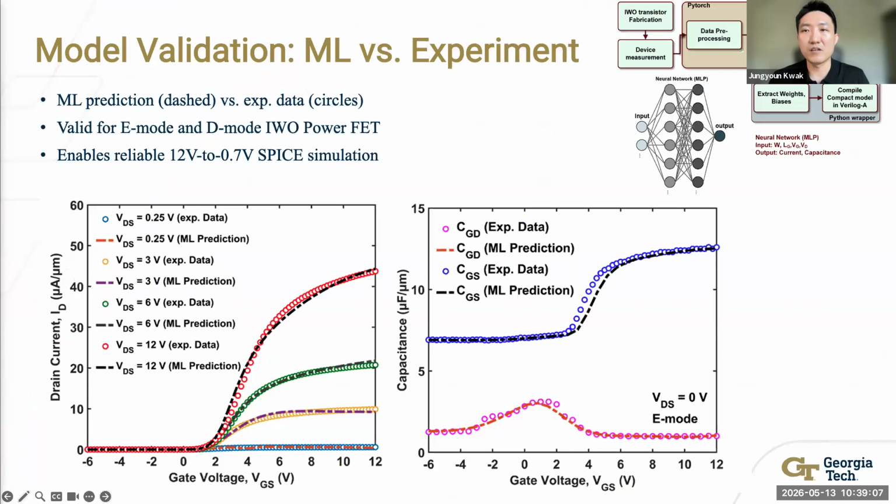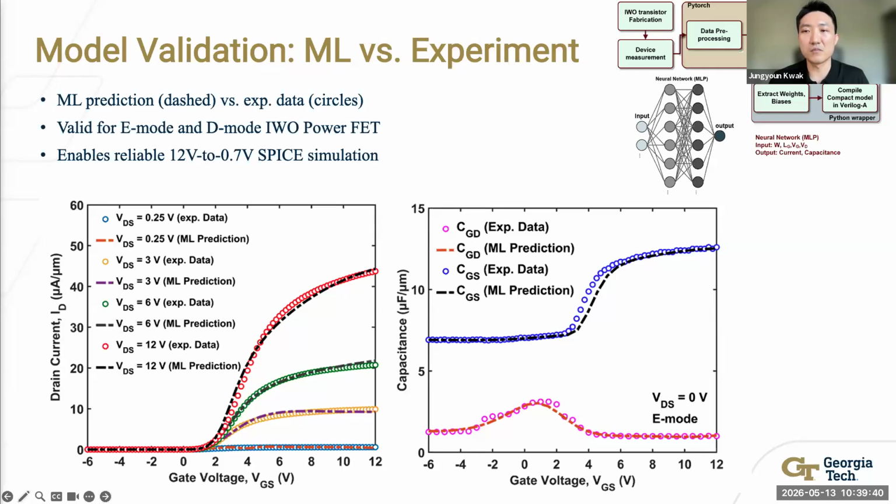So our compact model is data-driven. We measure the fabricated indium tungsten oxide power transistor by sweeping VGS and VDS from 0 to 12 volts for both E-mode and D-mode devices, collecting about 3,500 data points per device characteristic. A data-driven approach is needed because no physics-based model exists for the high-voltage indium tungsten oxide transistors across the full 0 to 12 volt range.